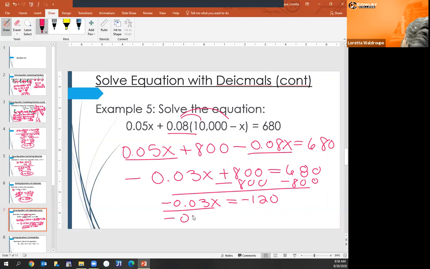Divide by that negative 0.03 to get x equals, let's see, 4,000, I think. Let me double check here. Yes, 4,000.